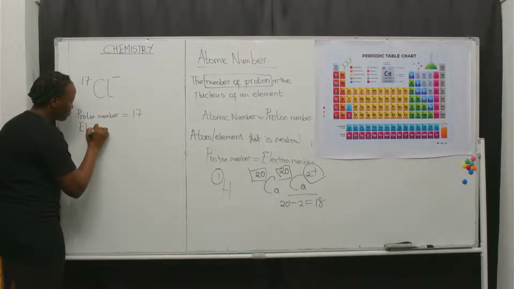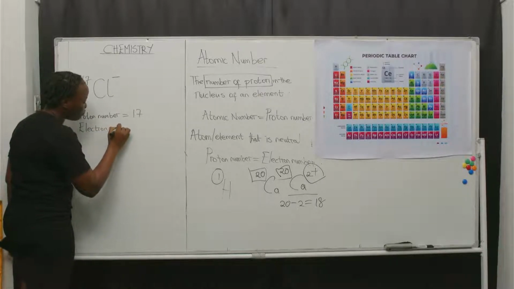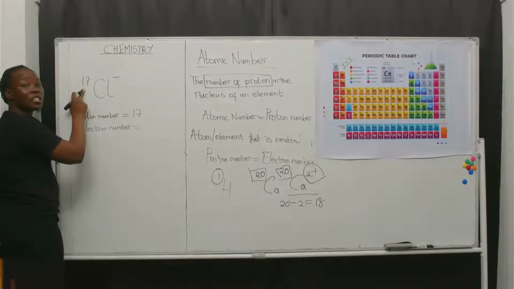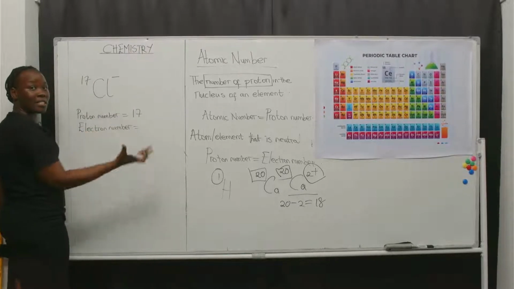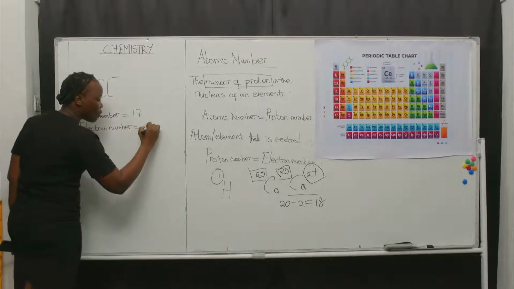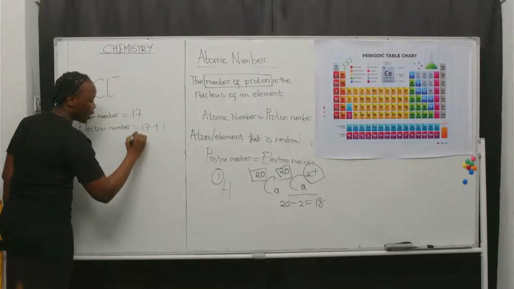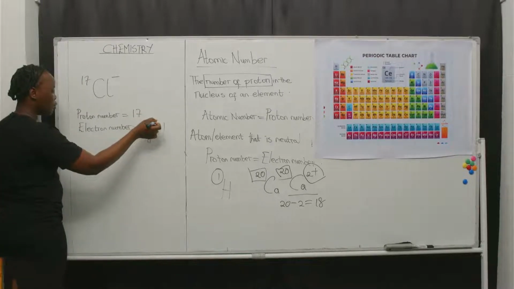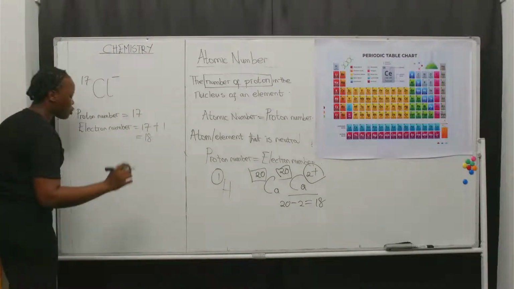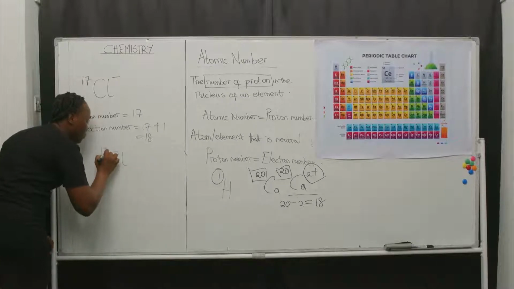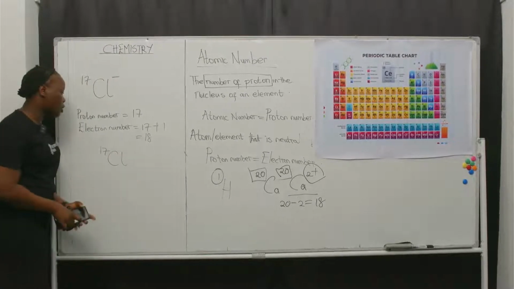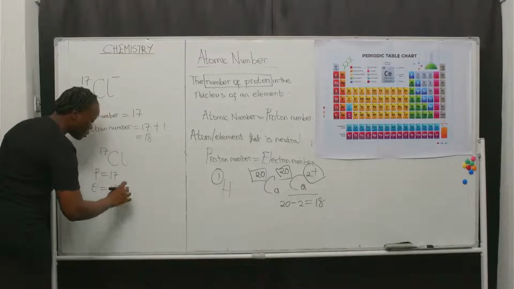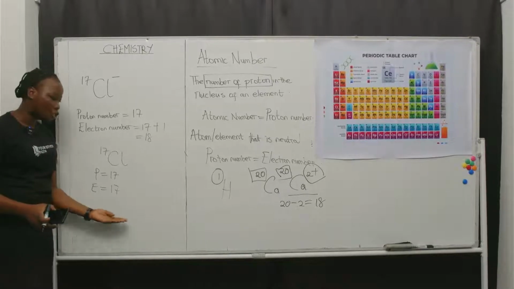Electron number would be 17 plus 1 because it has received one electron to itself. That would be 18. So the electron number is 18, whereas the proton number is 17. But if I'm just given chlorine 17, the proton number will be 17. The electron number would also be 17 because it is neutrally charged.